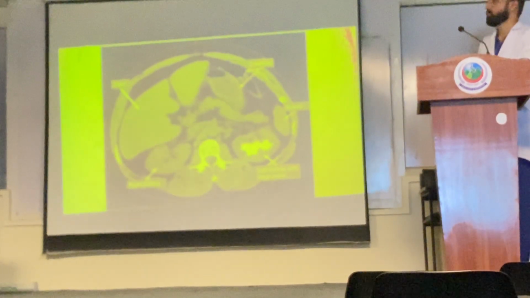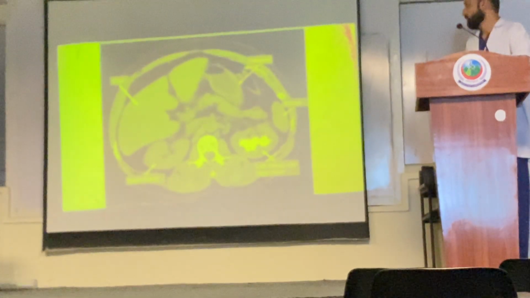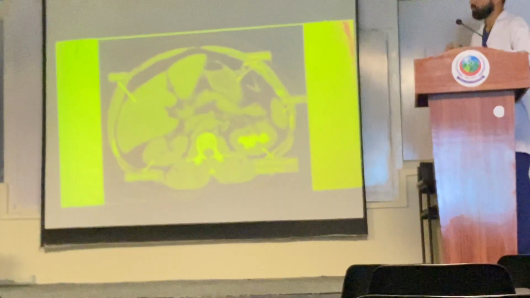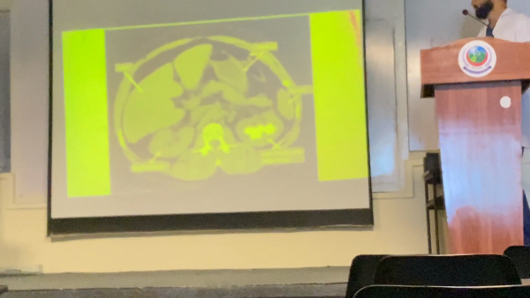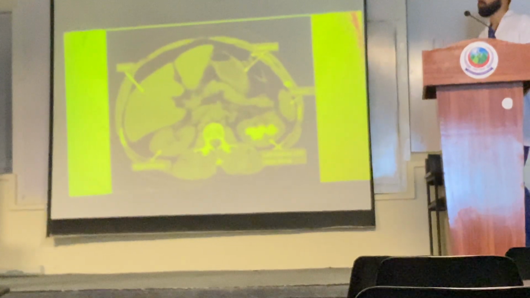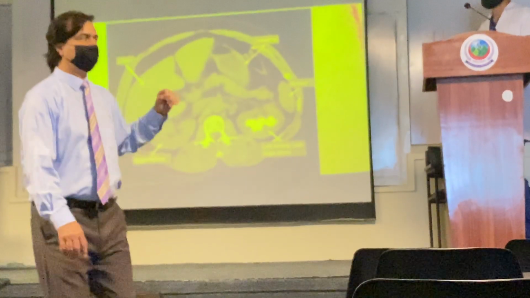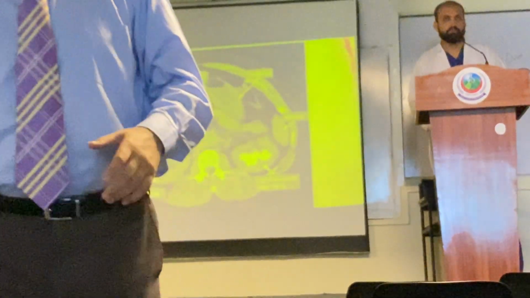And the spleen on the left side. So what you see here is hyperdense, more dense than the body of the lumbar vertebra. If you compare that stone with the body of the vertebra, this is more dense. It means it contains more calcium than your bone. So this is a very hard calcium oxalate stone.